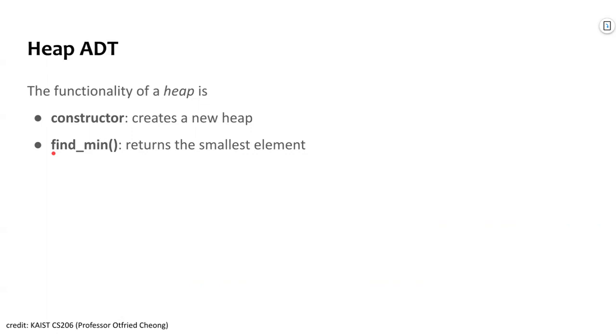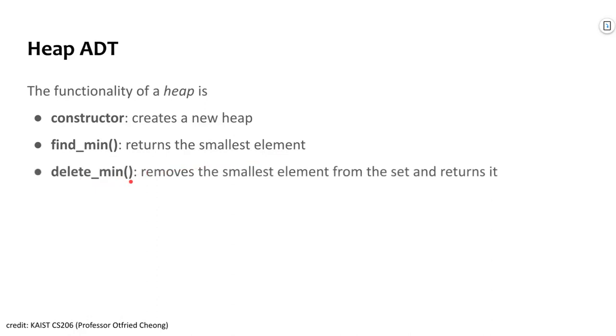This is the subject of today's class. We want to make find min operation, which returns the smallest element, and delete min, which removes the smallest element from the set and returns it. And insert item inserts a new element into the set.